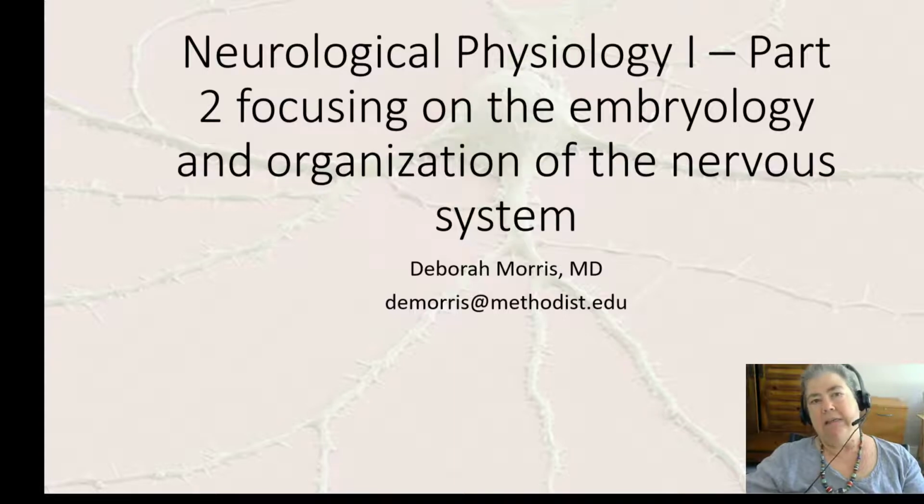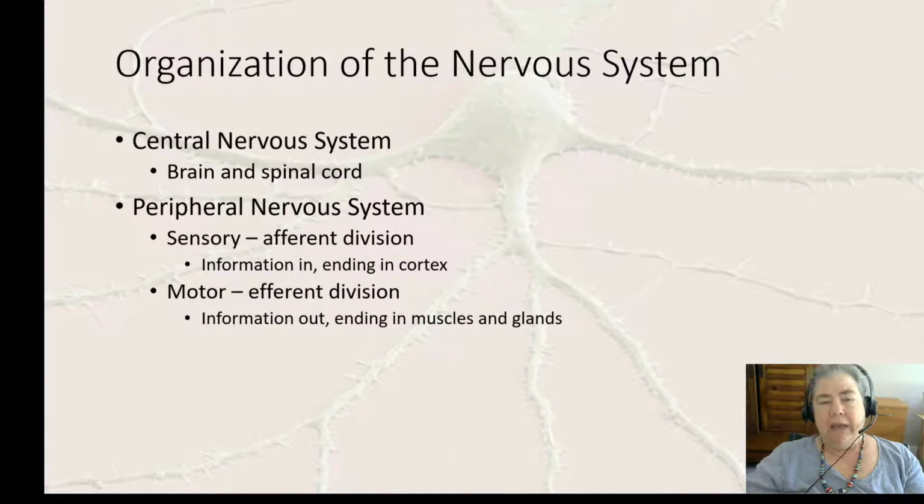We talked in an earlier lecture about different ways in which we describe the organization of the nervous system. When we're talking about the nervous system, we often divide it into the central nervous system, which is the brain and spinal cord, and the peripheral nervous system, which is everything else.